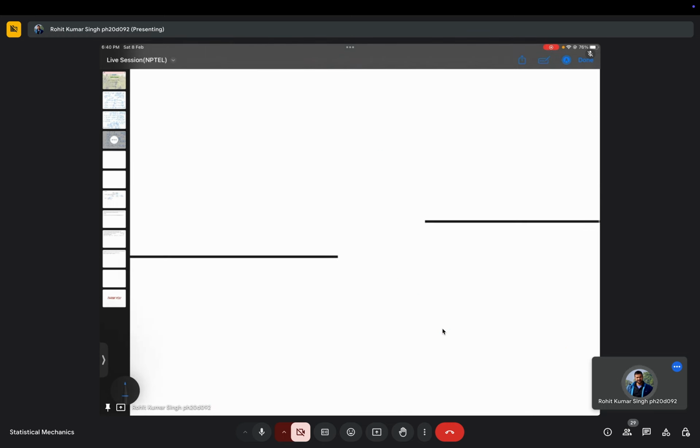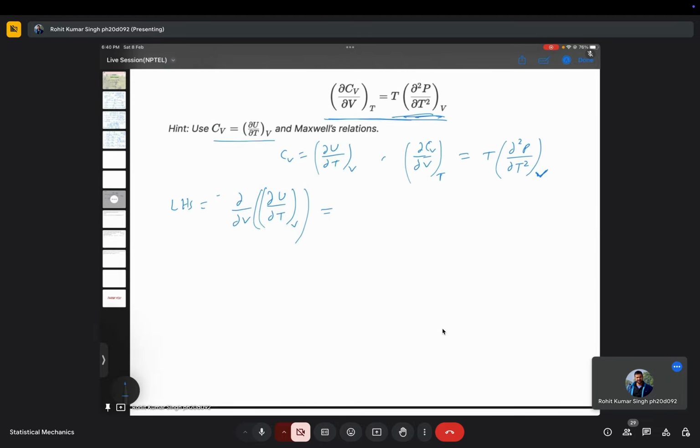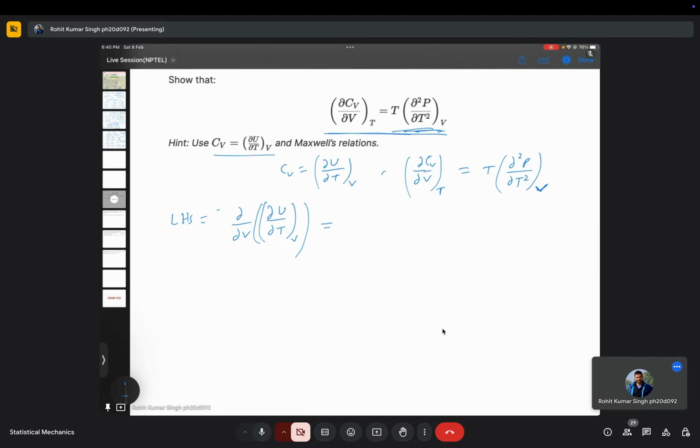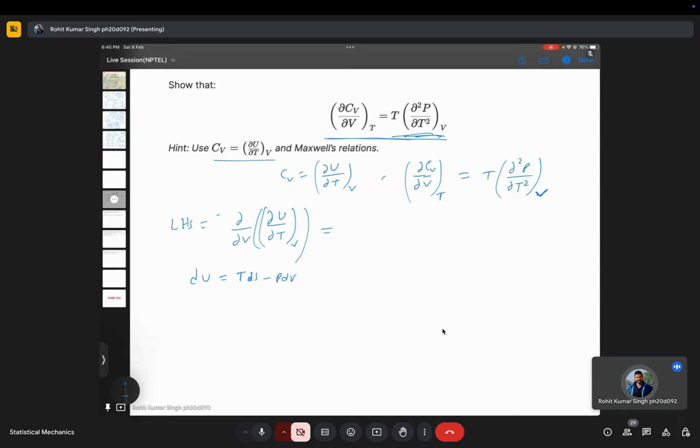But first, from the simple first law of thermodynamics, you also have this. Suppose we assume that dN is 0, so we are not varying the particle number in this problem.